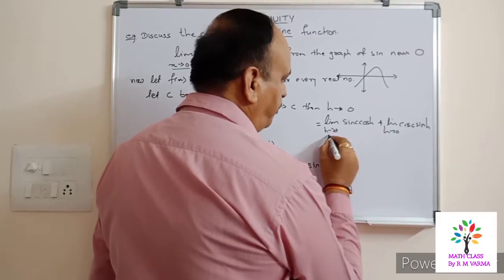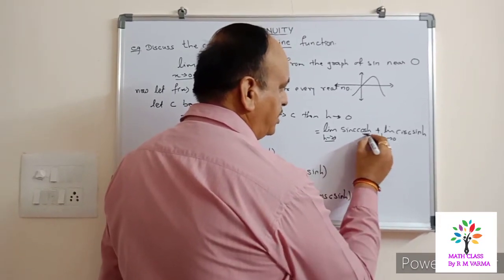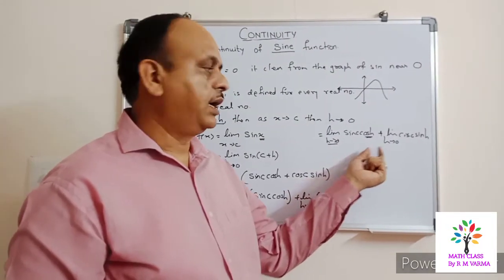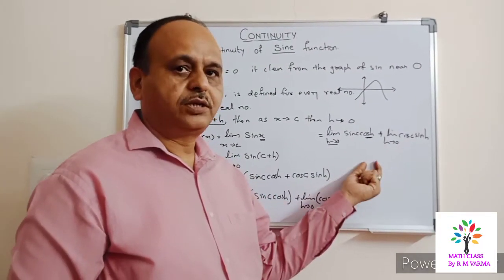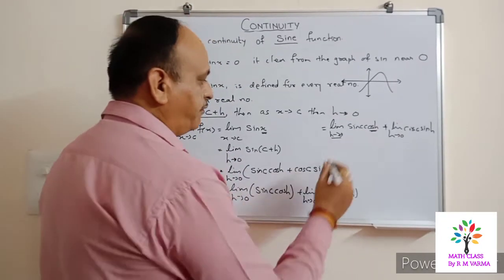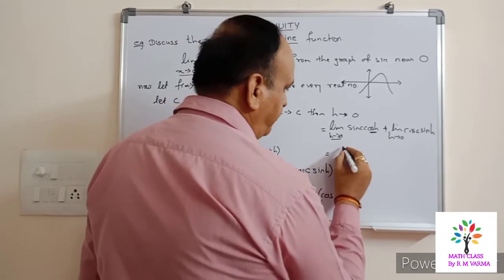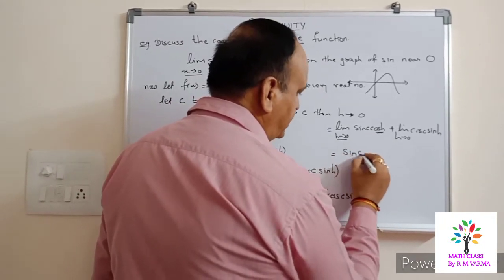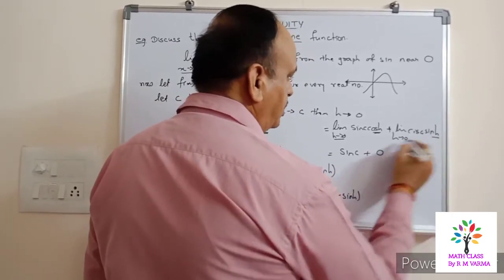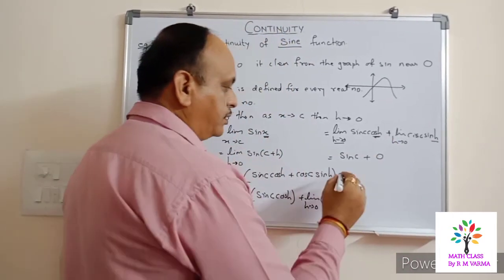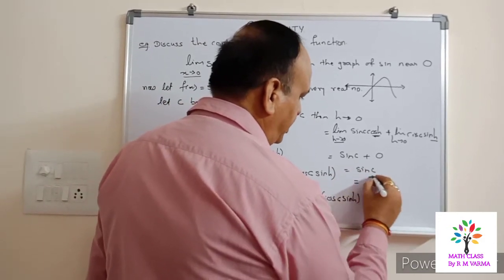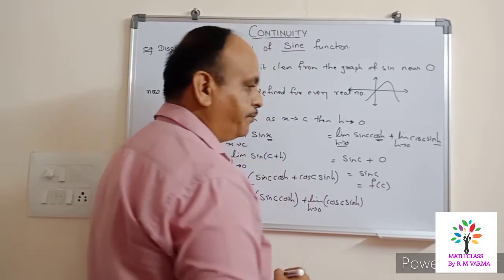Now putting the value of h as 0, we know cos 0 is 1 and sin 0 is 0. So replacing the values here, we get sin c plus 0, which equals sin c, and further it can be written as f(c).